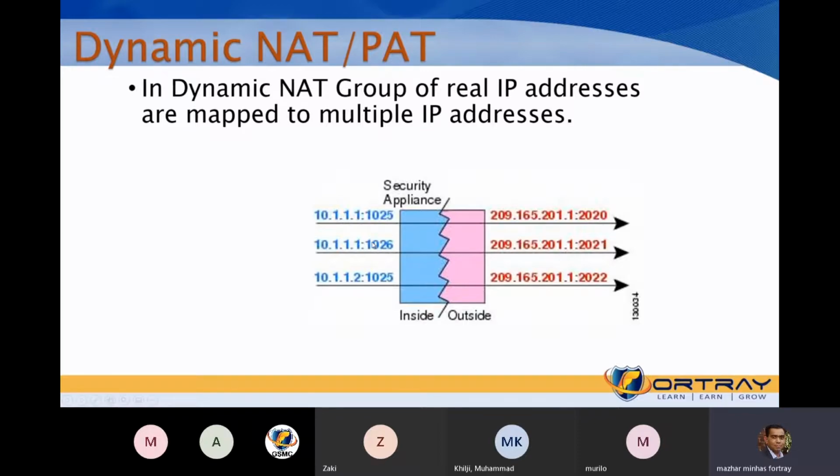Inside it is 10.1.1.1, maybe with different ports. And what is this? 209.165.201.1, and these are different ports. So there is one IP but multiple hosts inside. This is a PAT, port address translation, because the uniqueness is in the port.